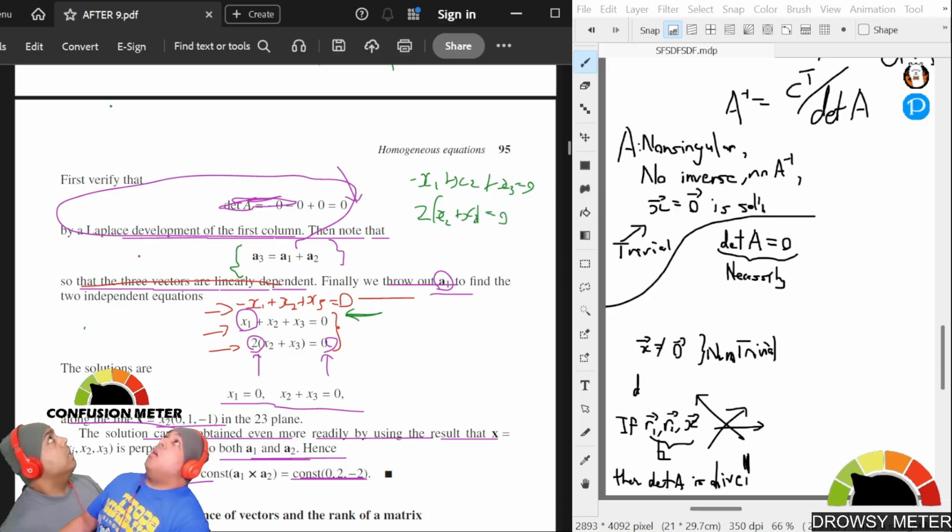If we're allowed to do this, we divide both sides by 2 to get x2 plus x3 equals 0. Substitute this into here to get minus x1 plus 0 equals 0, which means minus x1 equals 0, which means x1 equals 0.